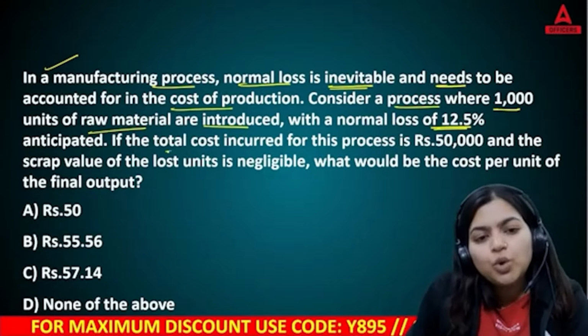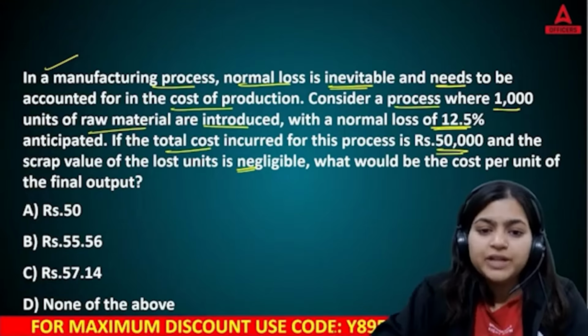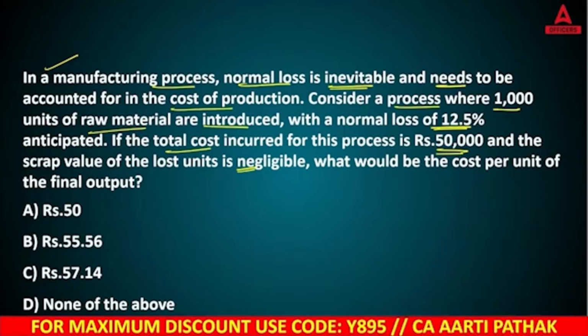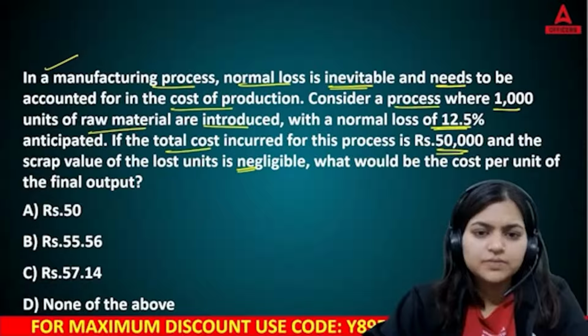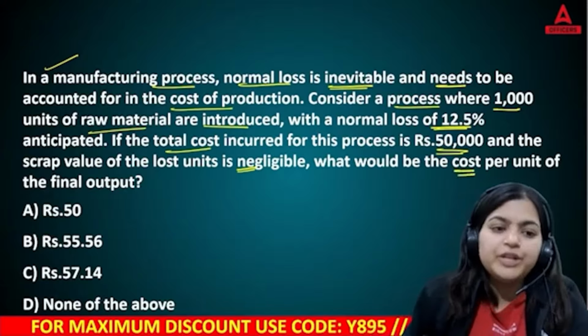Now if the total cost incurred for the process is 50,000 and the scrap value of the loss is negligible, what would be the cost per unit of the final output?